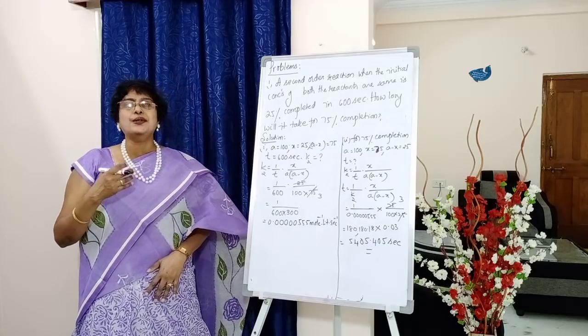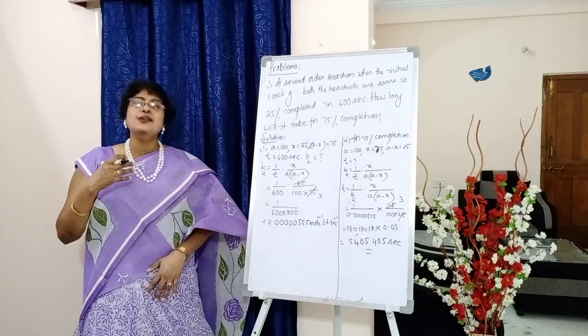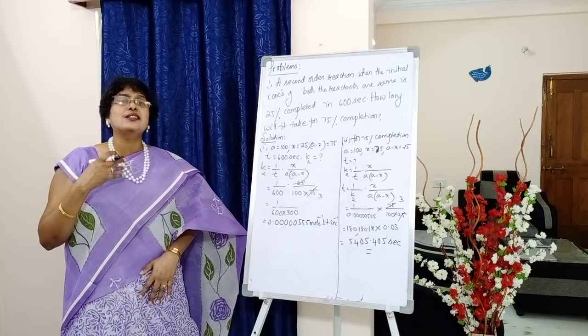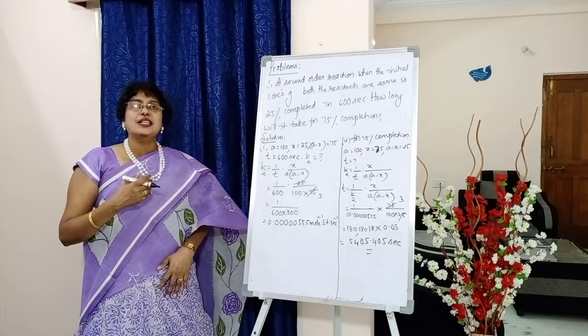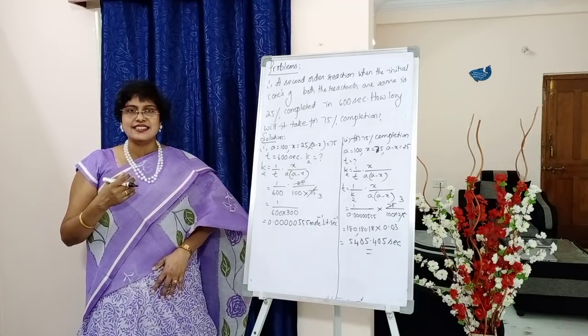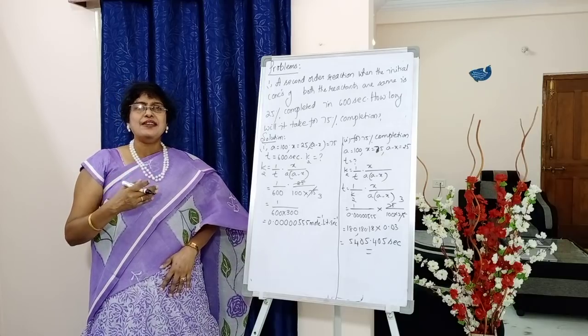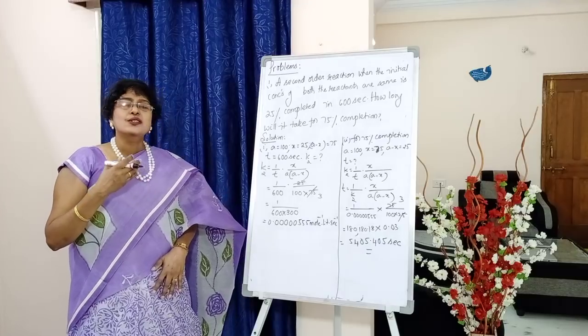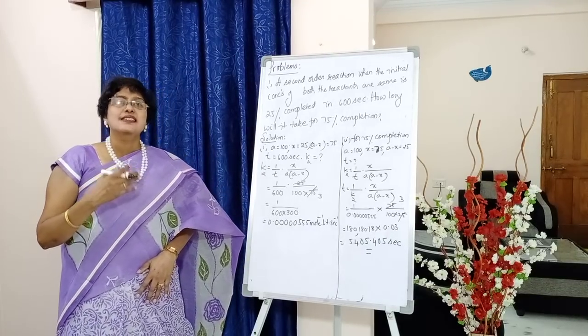Write down the values. A is equal to 100. X is equal to 25. T is equal to 600 seconds. Now, A we have, X we have. So, A minus X, 100 minus 25, that will be 75.